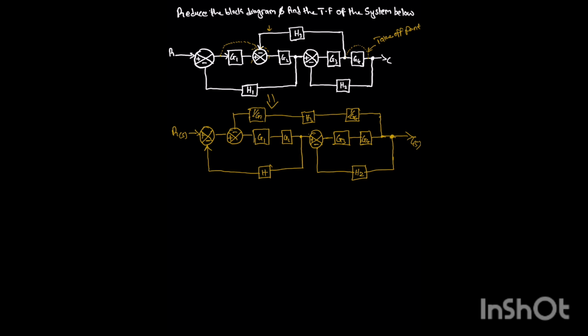So we've done this. Next, what we are going to do is modify every block above here, all the blocks here, in series. Modifying every block in series, we are going to multiply 1 over G1 with H3 and 1 over G4.